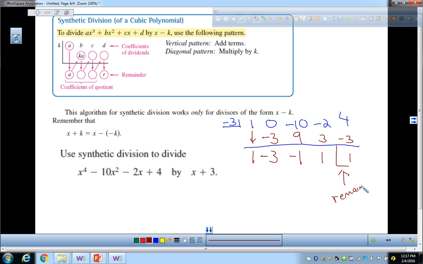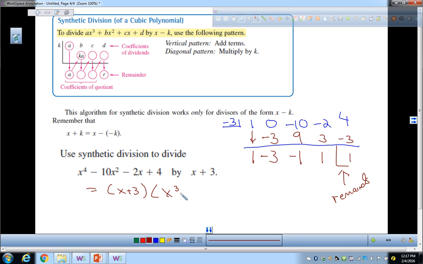This is the reduced polynomial expression. So what this means is, if I divide x plus 3 into here, this is equal to x plus 3 times this. The degree goes down. Where this was x to the 4th before, I reduced the degree by 1.